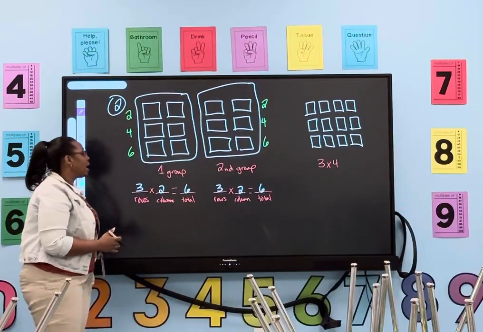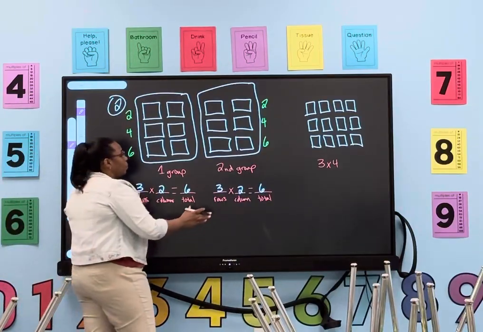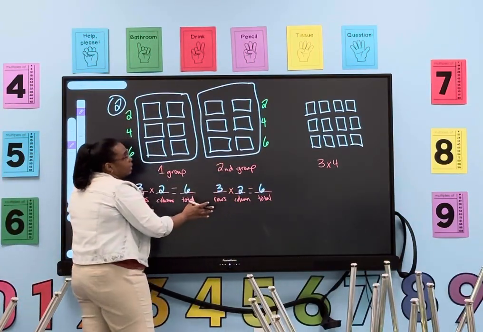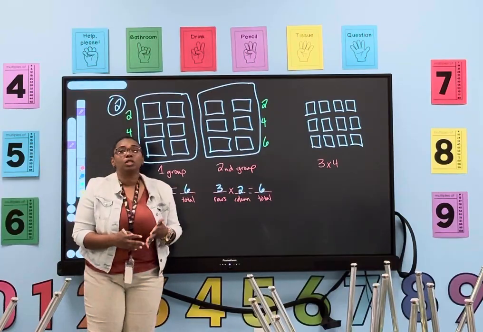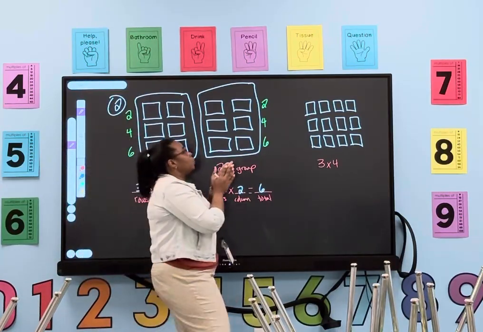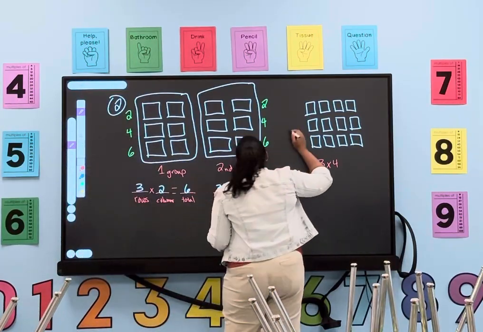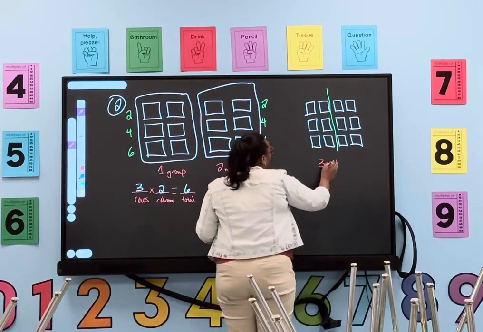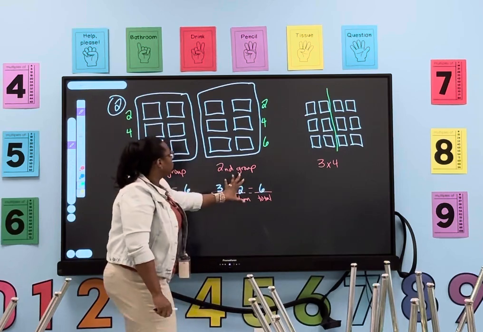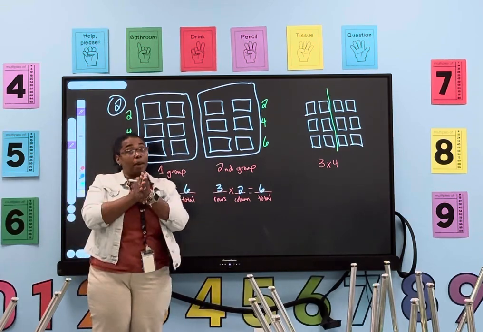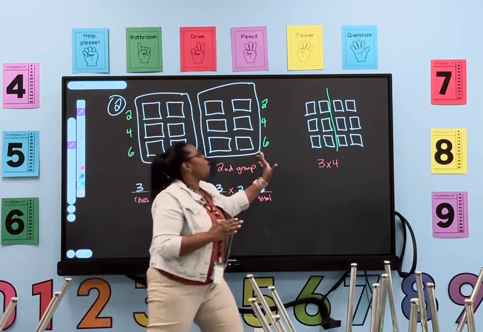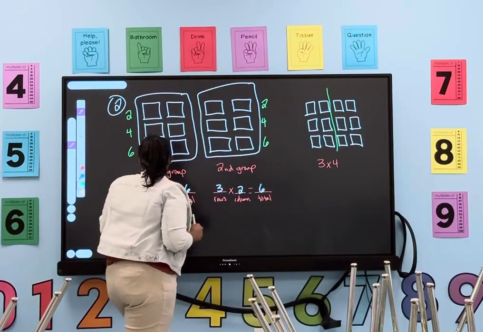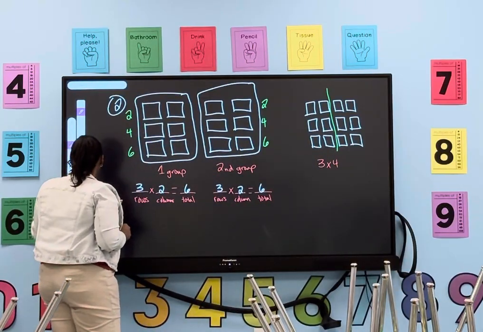Okay, so now I know the total for both of these smaller arrays. So now all I have to do is put them back together, because remember, we split them down the middle. We split it down the middle to figure out the 2 smaller ones so that we can put it back together to figure out what this whole thing is. So let's go ahead and put it back together.